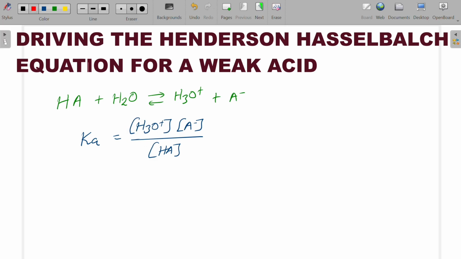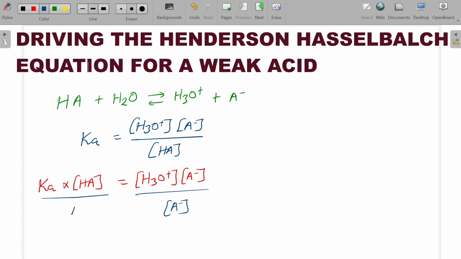When you cross multiply, we'll have our Ka multiplied by the acid concentration, and this whole thing will be equal to, on the other side, the hydronium ion concentration multiplied by the concentration of the conjugate base. Since we are making it the subject, we're going to divide by the concentration of the conjugate base, and we are also dividing on the other side.